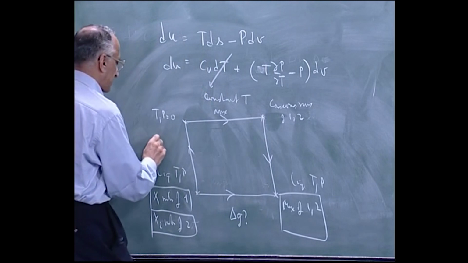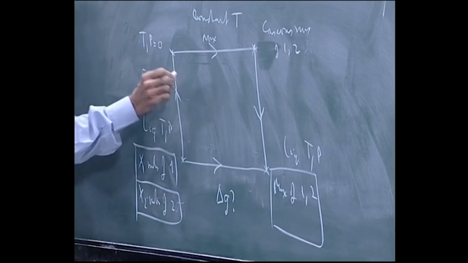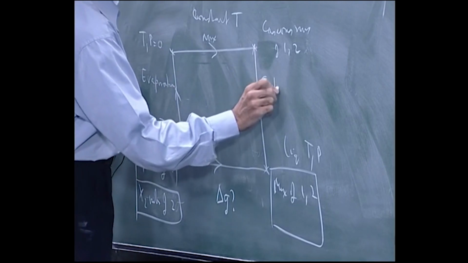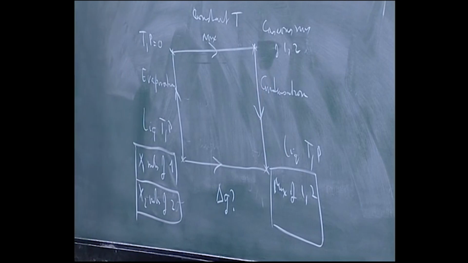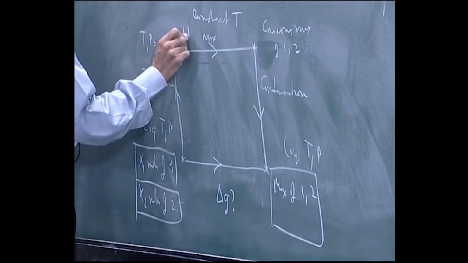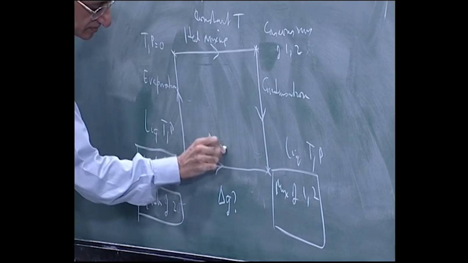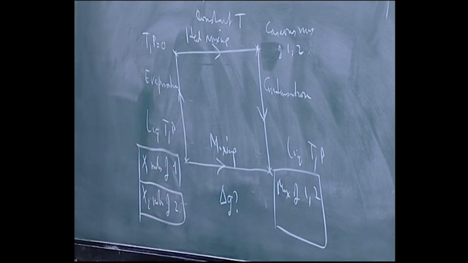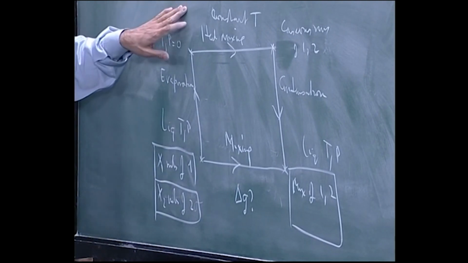So this is evaporation, this is condensation. So you are replacing mixing, this is ideal mixing, this is mixing. So the process of mixing you replace by evaporation, ideal mixing and condensation.